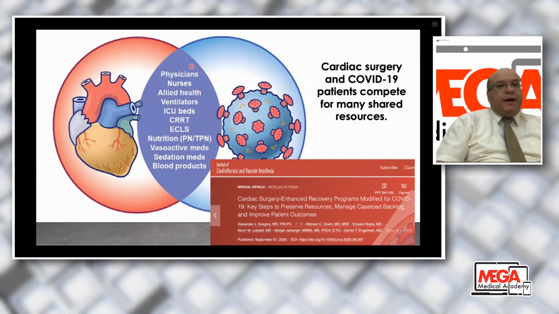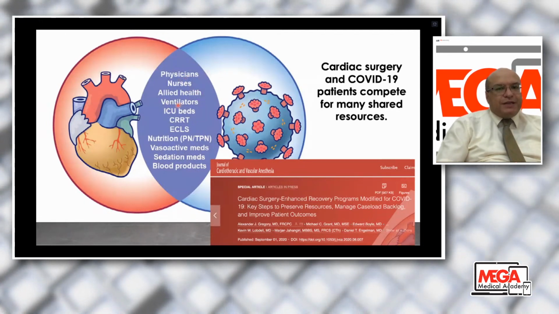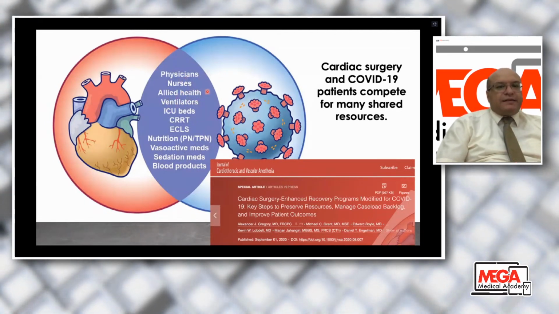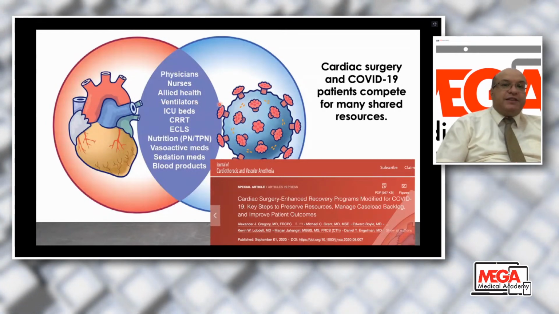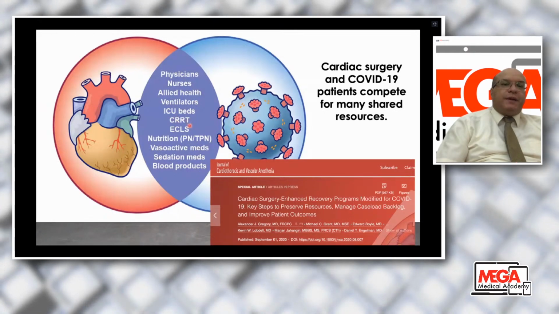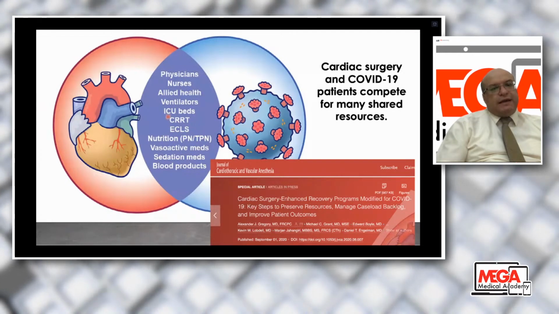They are demanding physicians and nurses to take care of COVID patients, allied healthcare services, and there is a shortage in ventilators, ICU beds, and continuous renal replacement therapy or extracorporeal life support, because these items are used for COVID patients.